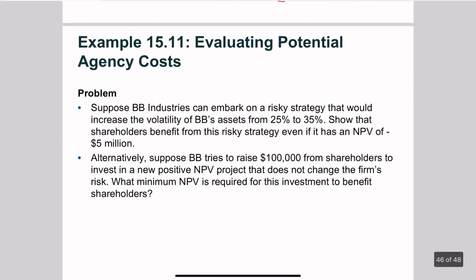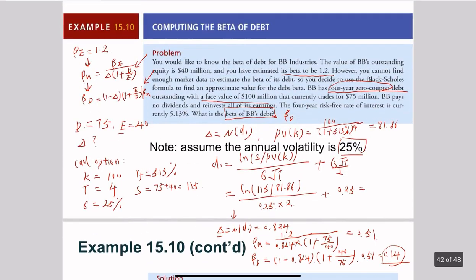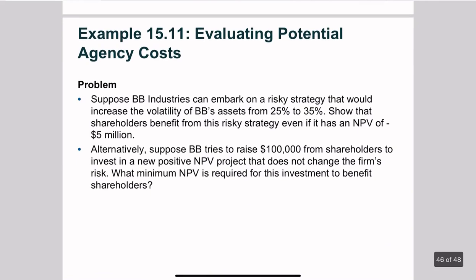Okay, now let's look at this example here. Suppose BB Industries, the same firm we just discussed, can embark on a risky strategy that would increase the volatility of its assets from 25% to 35%.